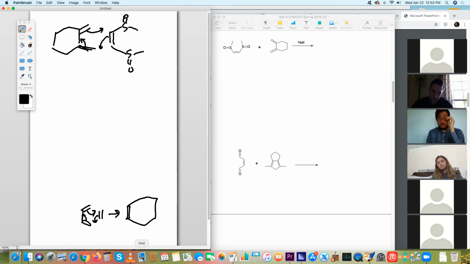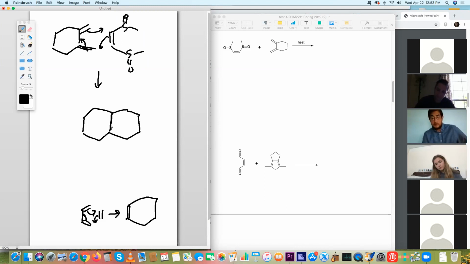Now, the other thing that's important about this is we're going to get that basic structure in the middle there that's based on the joining together of all those bonds. And there's that double bond there.